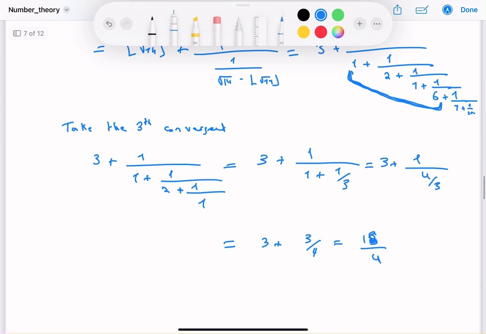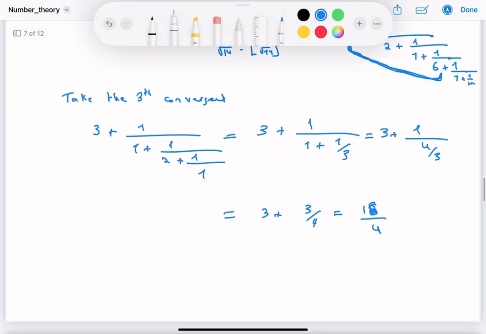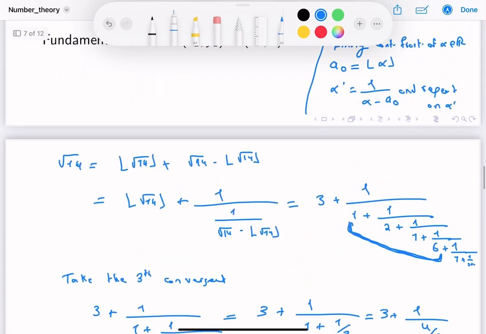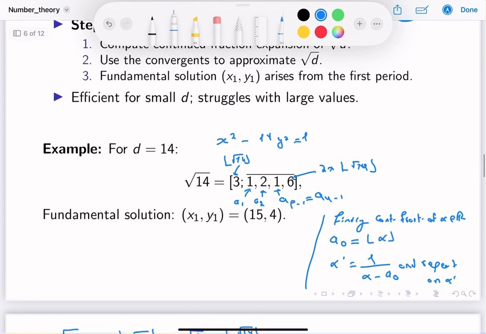So this convergent is 15 over 4, and from this we can read off the solution: x1 is going to be the numerator, and y1 is going to be the denominator. And this is how we get the solution of Pell's equation.